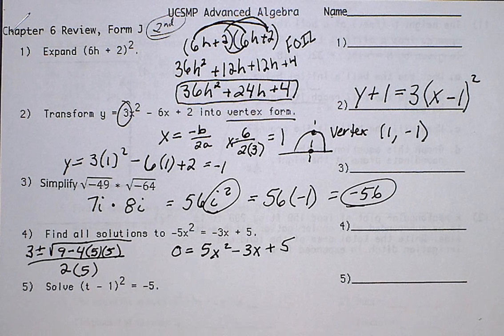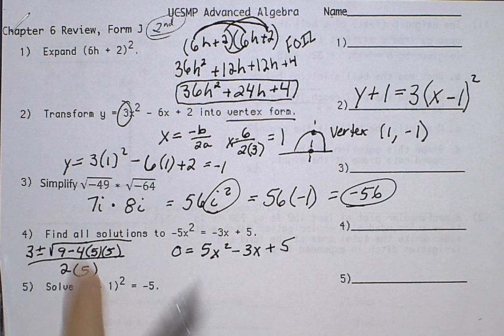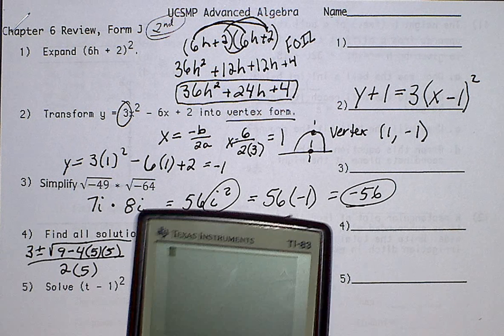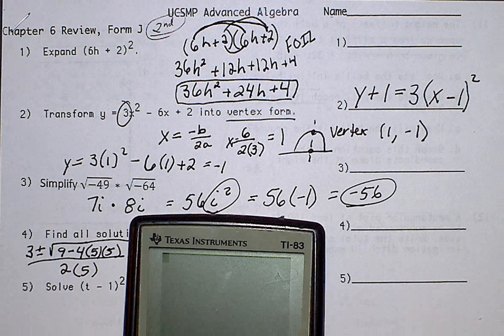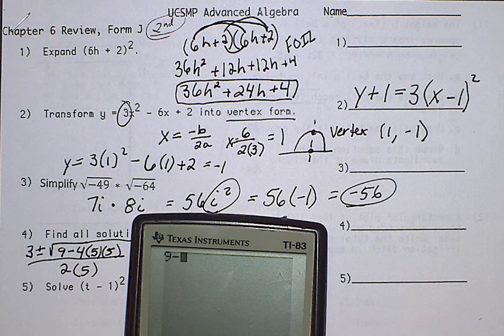Alright, so let's clean it up a little bit. I'm just going to put underneath the square root 9 minus 4 times 25, so it's a negative 91.